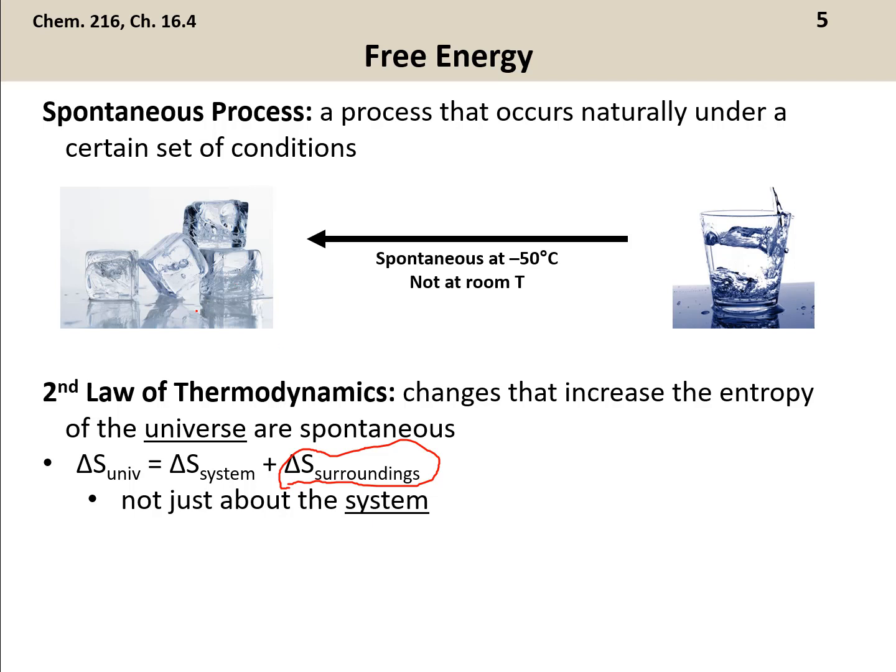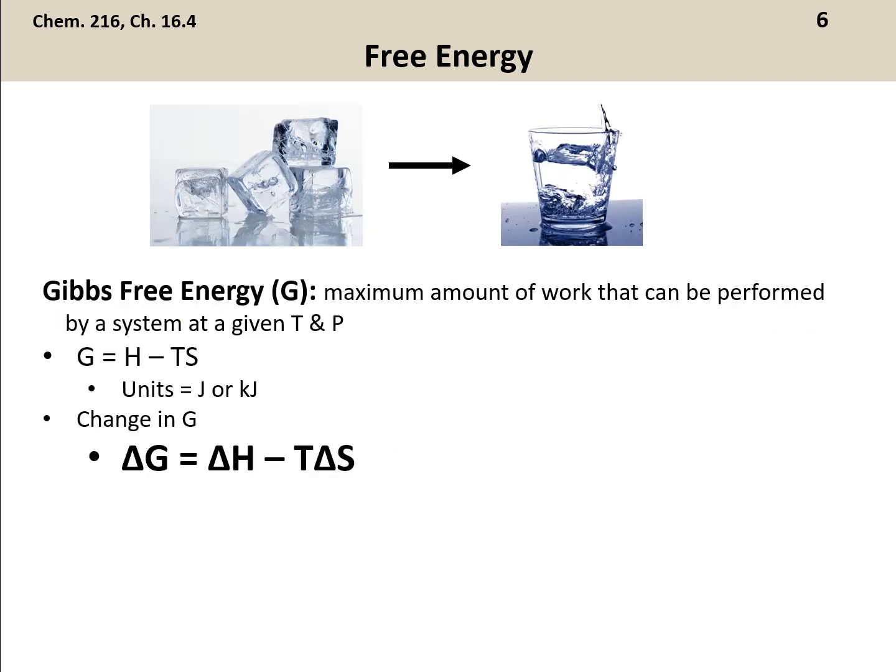And so we can change this, and I'm not going to go through the steps, but from this we can get this equation: delta G equals delta H minus T delta S, where G is a term called Gibbs free energy, or a lot of times we just call it free energy.